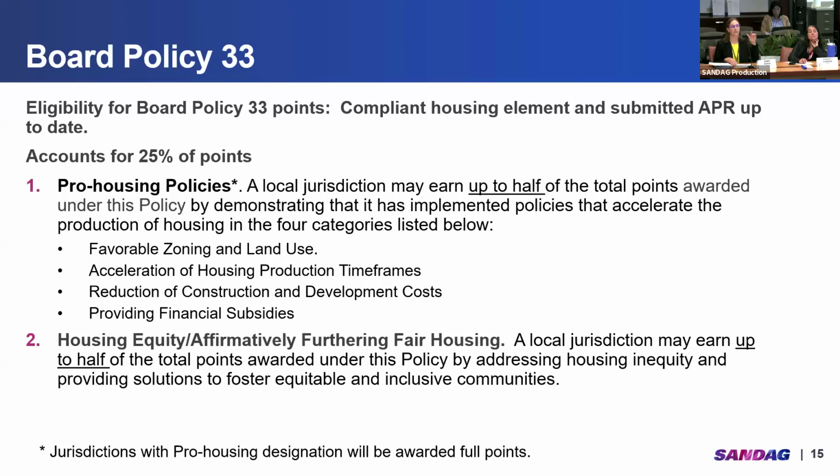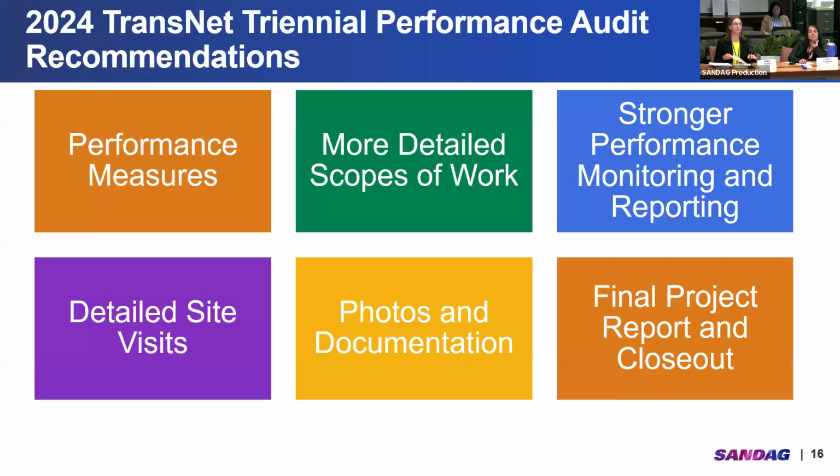The points are given out in these two subcategories that you see here: pro-housing policies and housing equity, or affirmatively furthering fair housing. In our last two cycles of grant programs, we've seen most of the jurisdictions receive primarily, not quite all of the points, but a large volume of them. So this doesn't really distinguish a whole lot who receives funding versus who doesn't, but it's there obviously because we need to have it. Just to give you some background on the policy.